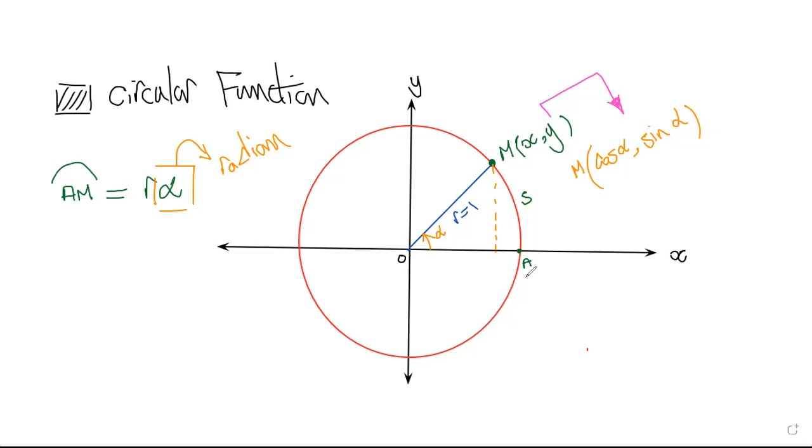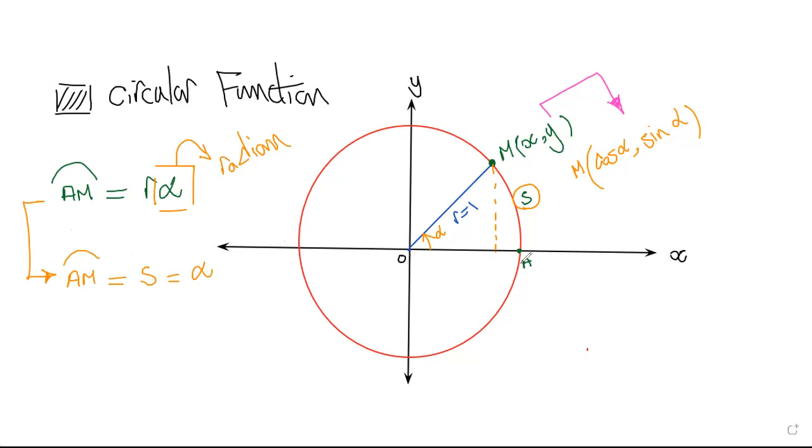Is 1, and that's the name of it. Unit circle is the circle that has a unit 1. Then as a result, from this unit circle, we can say the length AM, the arc AM, which is equal to the S, which I have it here, can just be equal to the alpha itself in radians, because R is 1.